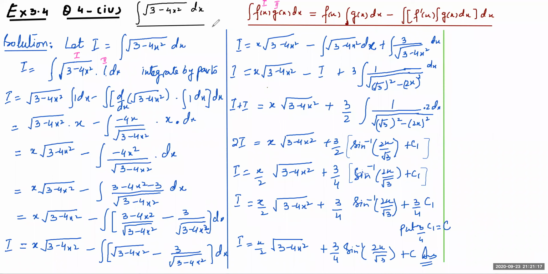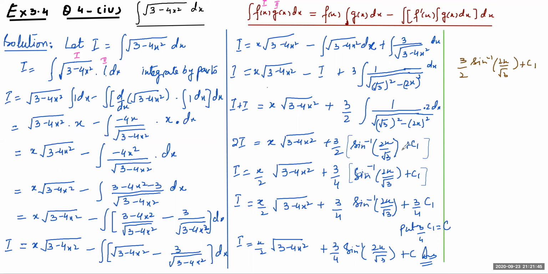Now let's discuss what happens if a student does not use this bracket here and writes it like this. I am just writing this expression. If a student writes it like this, 3 by 2 sine inverse 2x by square root of 3 plus c1, that is, the student does not write this 3 by 2 with this c1.